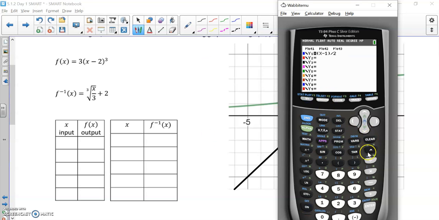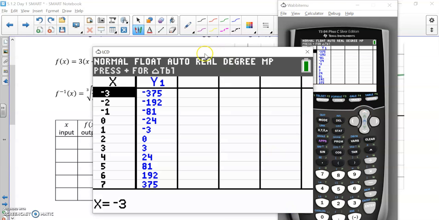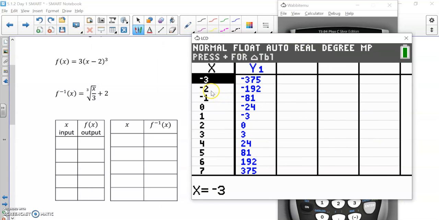So I'm just going to see if I can just adjust. Oh, nope. All right. So I've typed it just as I see it here, and let's go directly to the table. Make it big again. So let's start at -2 again.